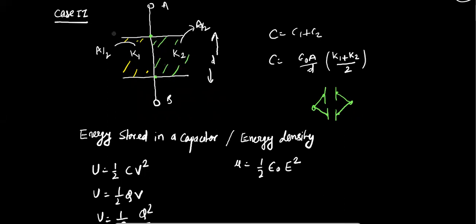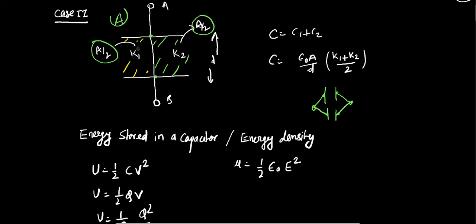And in the previous case, when the region in between two plates was empty, in that case the area of the plate is supposed to be A. Now we can suppose the area of the capacitor is divided into two equal parts. Okay, and that's why we can suppose the area of each part to be A by 2. That means half of the initial area.